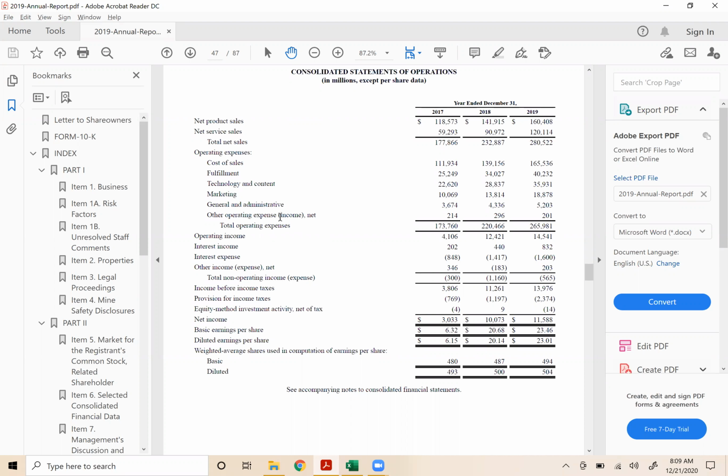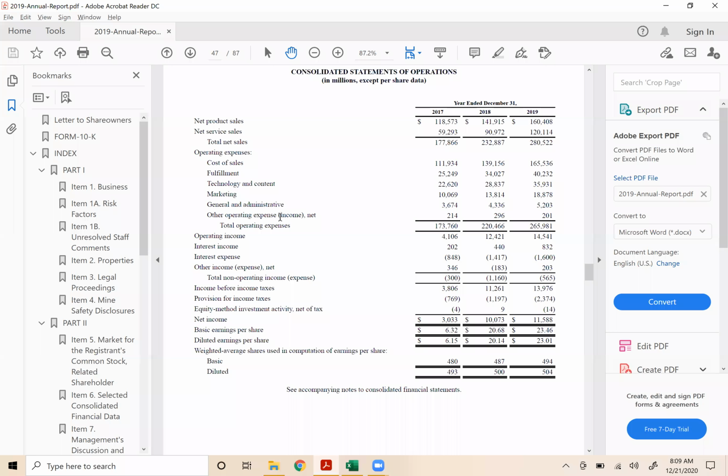How do you know? Well, this actually specifically says other operating expense. Since it's listed specifically as operating expense, I'm going to keep it in operating expense. But sometimes it might say other items, and you have to look into it further to see whether this is actually an operating expense or not.